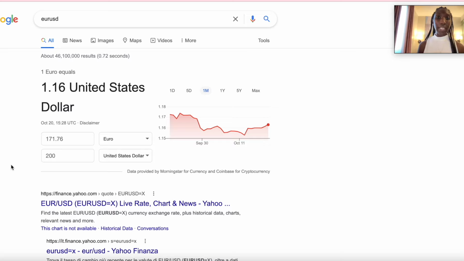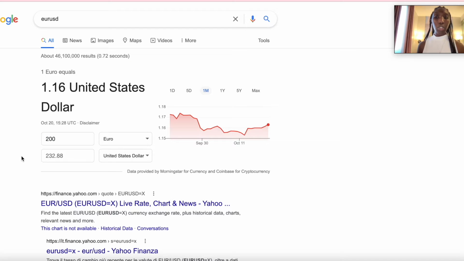So if it's gaining strength when you're exchanging it, that means the US dollar is falling, right? If the euro's gaining strength, that means the US dollar is falling, and so that's going to affect how much you get. So even if we put this here, right, we got 130 euros, that means it's 150 US dollars.